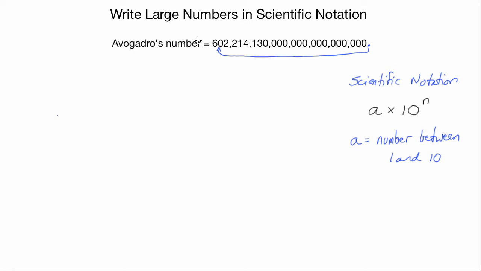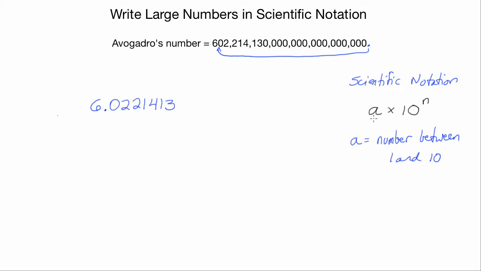So my value for a, if I'm converting Avogadro's number into scientific notation, is going to have 6, and then I've moved my decimal after the 6, but I'm still going to have all my significant digits, 0, 2, 2, 1, 4, 1, 3. After the 3, everything else is 0, so I'm not going to worry about writing those. They're just placeholders. But there we go. That's how we start scientific notation.